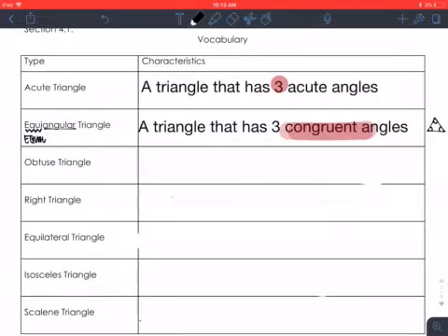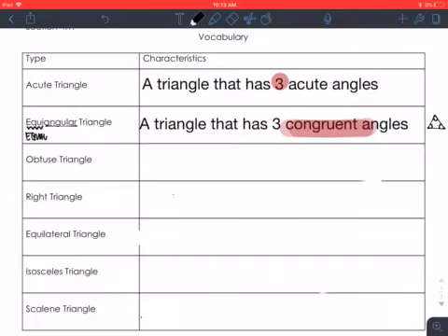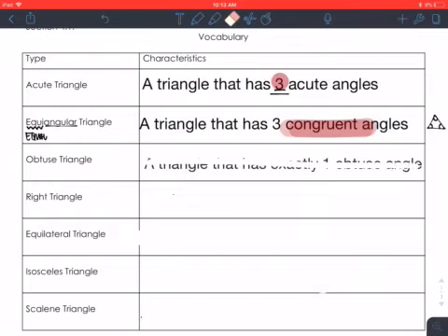Okay? Now, our next one is an obtuse triangle, and this seems a little bit different than when we're talking about an acute triangle because this has three acute angles, all right? And we'll discuss this a little bit further, but an obtuse triangle is a triangle that has exactly one obtuse angle. Now, our last one, based off of the angles, is a right triangle.